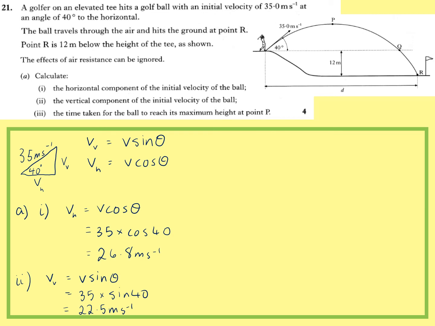Part 3 is asking for the time taken for the ball to reach its maximum height at point P. So for this we want to look at our Suvat equations. We don't know our displacement. We do know our start velocity, which is what we worked out here. That's going to be 22.5 meters per second.